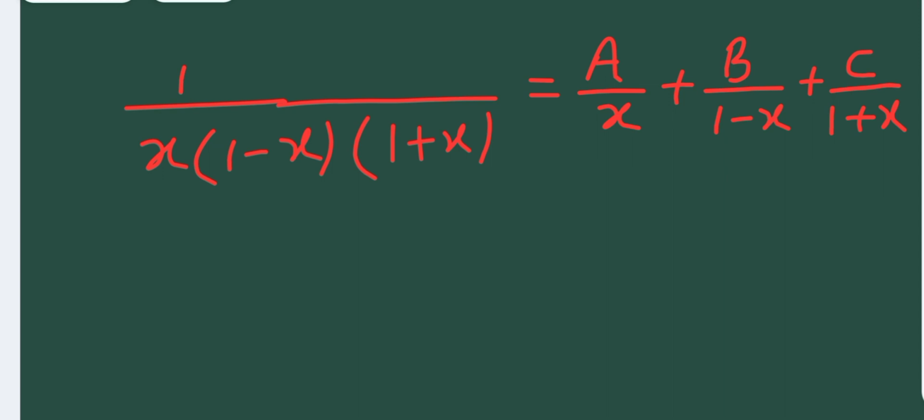So to get the values of a, b and c, I will simplify this further. The left side is already simplified, so I will write it as it is: 1 divided by x into 1 minus x into 1 plus x.